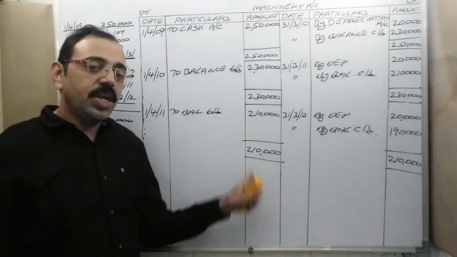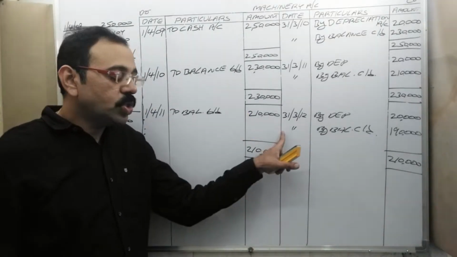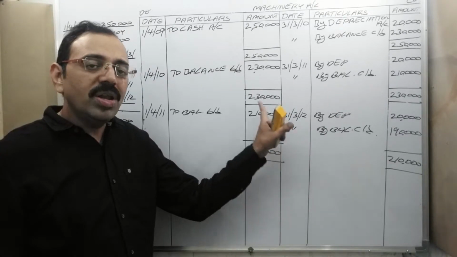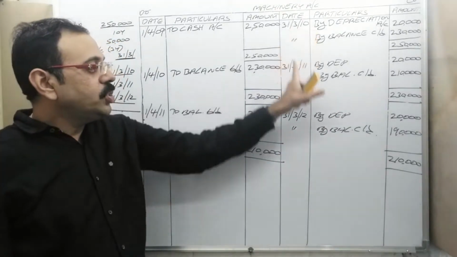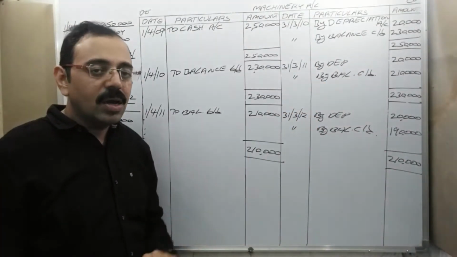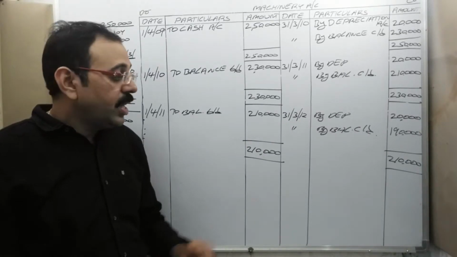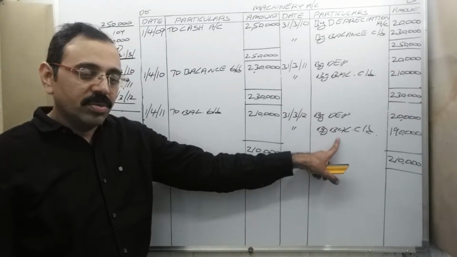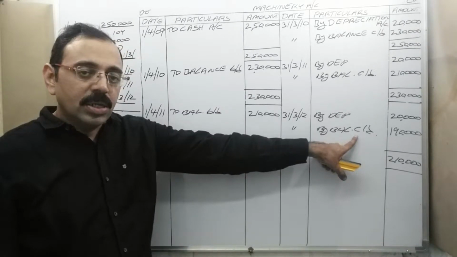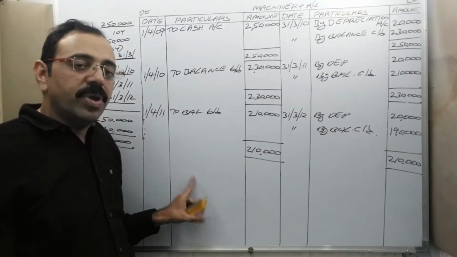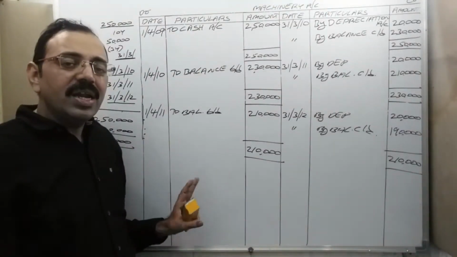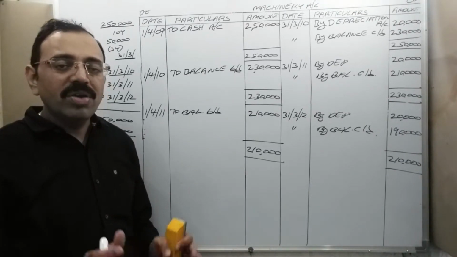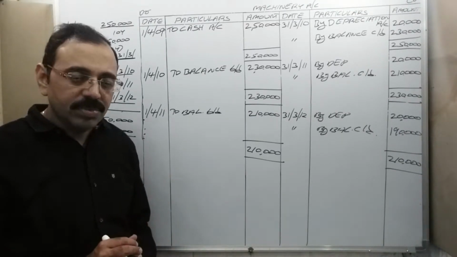Asset life is 10 years now, but he is asking us to prepare machinery account only for 3 years. So 1, 2, 3 years are completed, but asset account is not yet closed because there is some balance. So for next year, bring the balance and we can leave this problem, because only for 3 years we have to show this account.